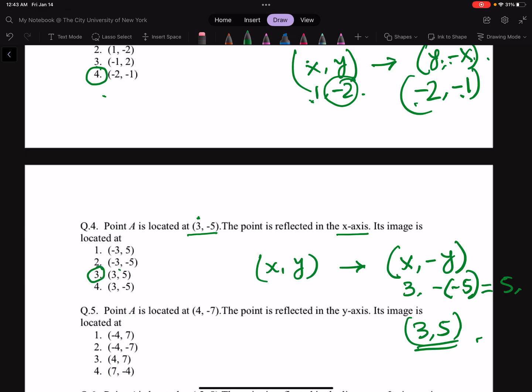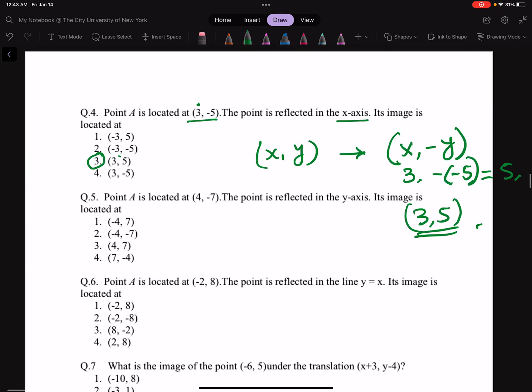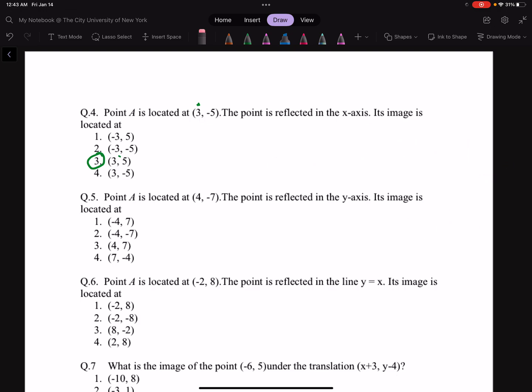Okay? Remember to know about these rules. Otherwise, you'll be lost. And then once we look at number 5, it says point A is located at (4, negative 7). The point is reflected in the y-axis. So go back to your rule.